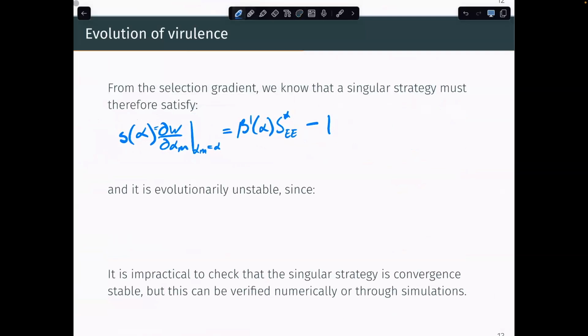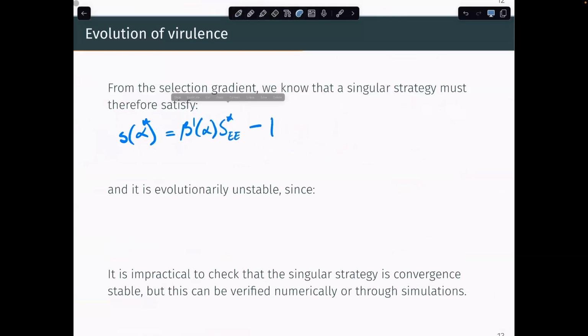So our selection gradient at our singular strategy must satisfy this right-hand side being equal to 0, evaluated at alpha star. And to help, I'm just going to put alpha star here as well, just to remind us that this endemic equilibrium is a function of alpha star. This must equal 0 at our singular strategy.